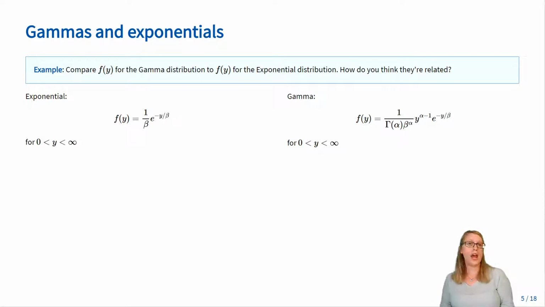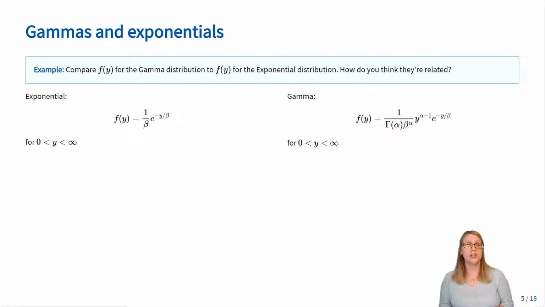But what happens to this gamma function if we let alpha, say, be equal to 1? Well, if alpha is equal to 1, then right away we notice that this y term here is going to drop out of the gamma distribution. The gamma function evaluated at 1 is 1 minus 1 factorial, or 0 factorial, which is 1, so that drops out.